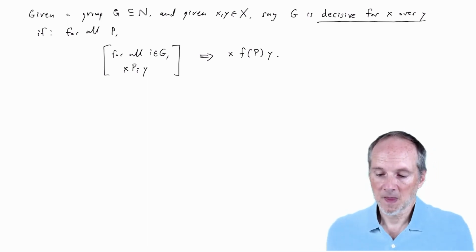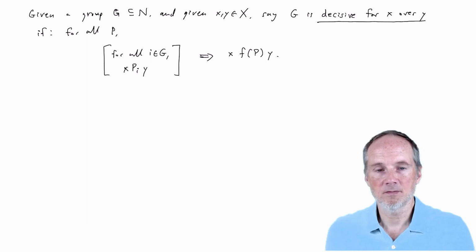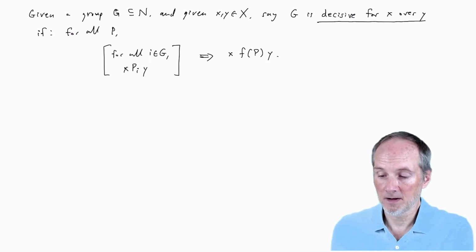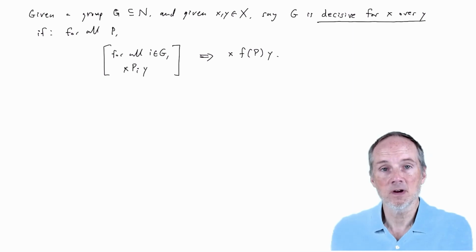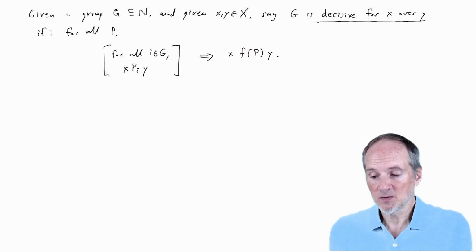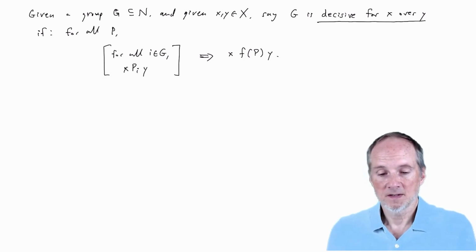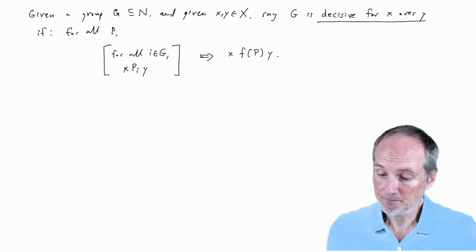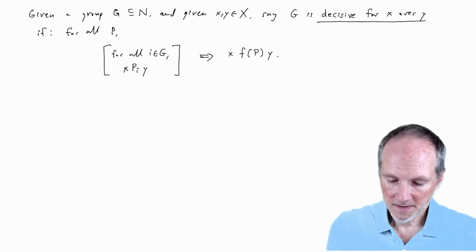So a decisive group has some power. I should say, if a group is decisive for X over Y, that means it has some power. It's specific to those two alternatives. It just means that when all members of the group prefer X to Y, society also has to have that preference.